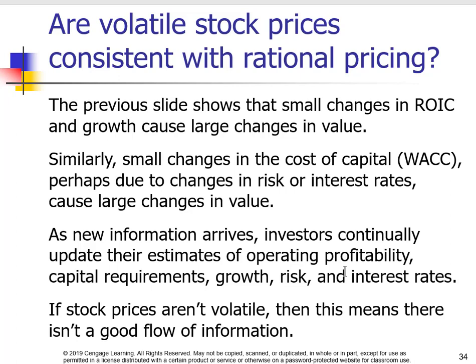So let's come back to a question and talk about stock prices in general, right? Are volatile stock prices consistent with rational pricing? And we can see here that small changes can cause large value changes. Weighted average cost of capital certainly could have the biggest changes.